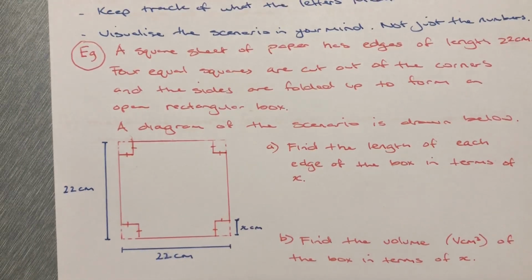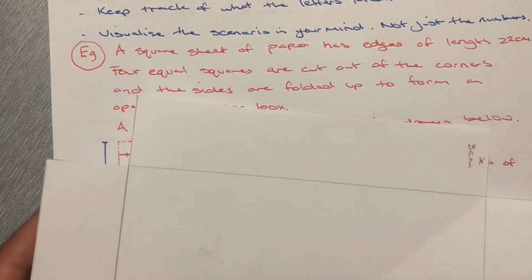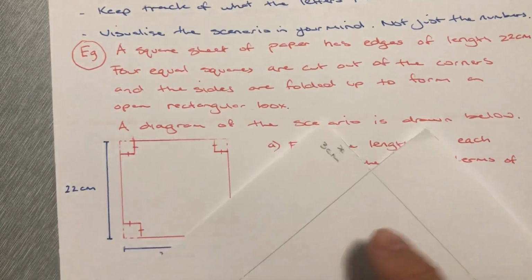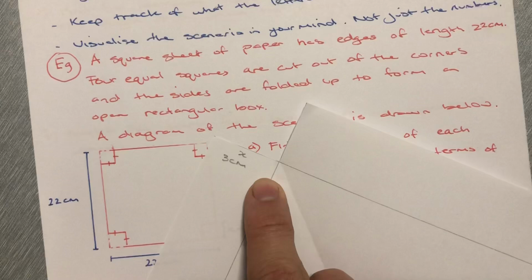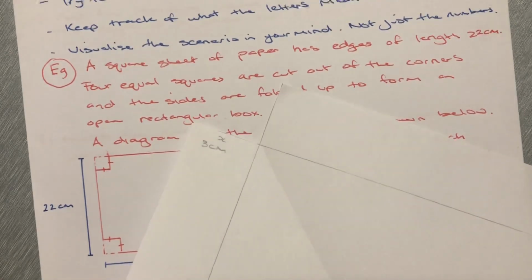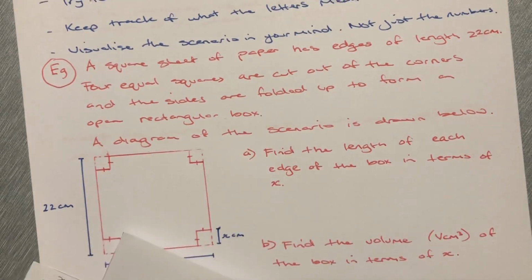Once those corners are cut out, it's going to be folded up to make a box. So with this one that I just showed you, I'm going to fold it to show you what I mean. Now I've got written down here our length of x is 3 centimeters. So I'm going to fold this up real quickly and show you what that box might look like.